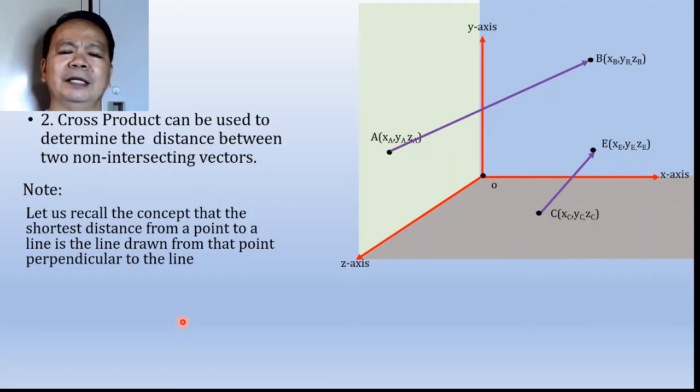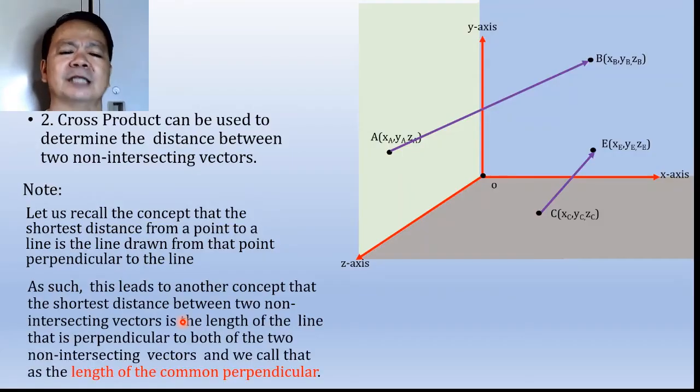Alam naman natin na ang shortest distance daw ay siyang distance na nagmumula from a point towards the line which is perpendicular to it. And from that concept, this leads to another concept that the shortest distance between two non-intersecting vectors is the length of the line that is perpendicular to both of the two non-intersecting vectors.